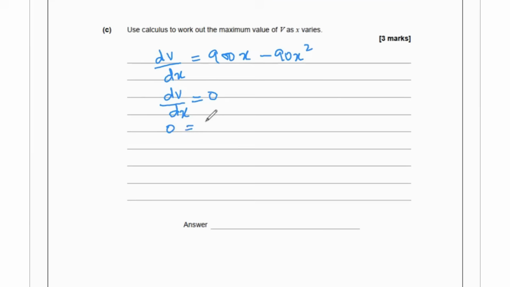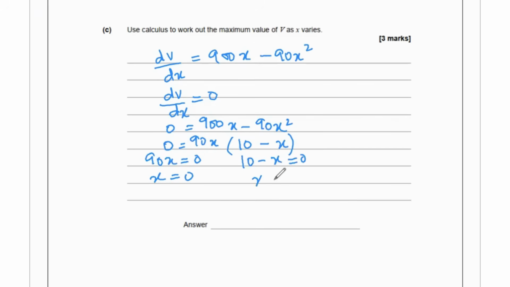So 0 equals 900x minus 90x squared. Take 90x common. So that's 90x times (10 minus x) equals 0, so x is 0, and 10 minus x is 0, so x is 10.